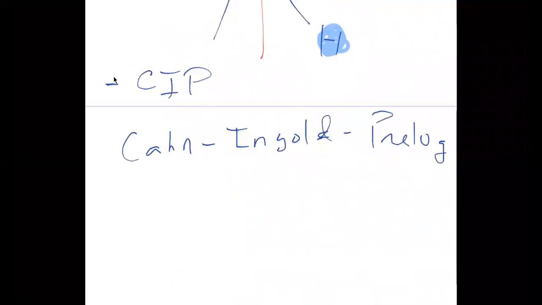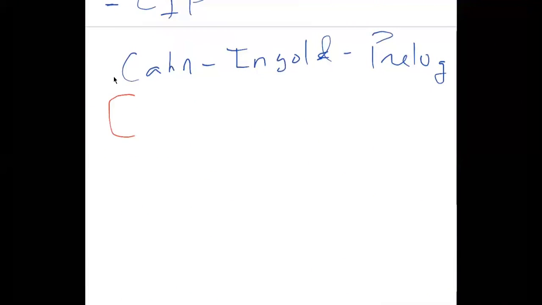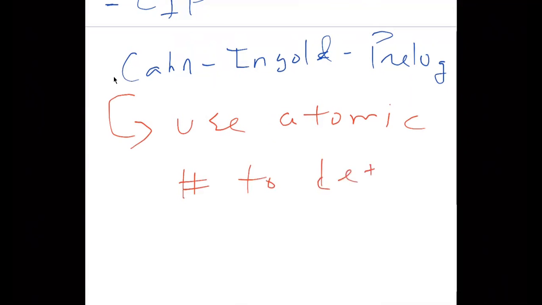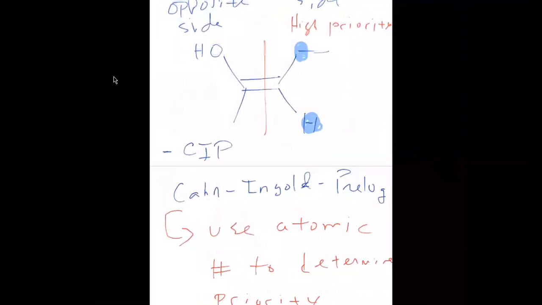All right, and let me go back down here. You're going to use the atomic number to determine priority. All right, so the atomic number, all you need is the periodic table for that. And so on the right side, carbon is high priority.